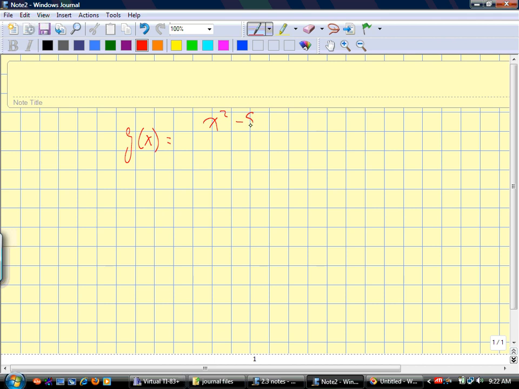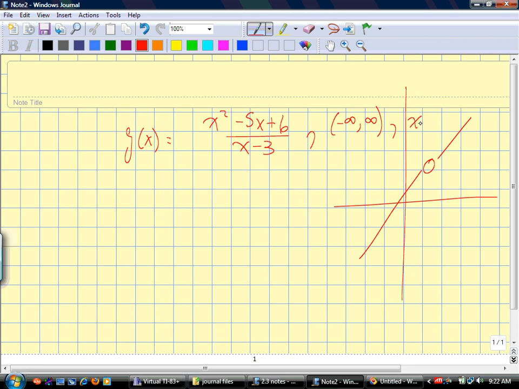X squared minus 5x plus 6 over x minus 3. If I graph this function, it looks like this. So we're going to use that red line wherever x isn't 3 because we have a problem at 3. The other way we could write it is x is in the interval negative infinity to positive infinity, x cannot equal 3.